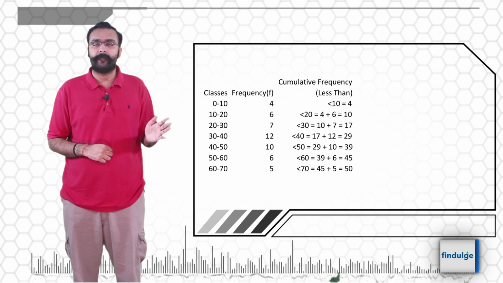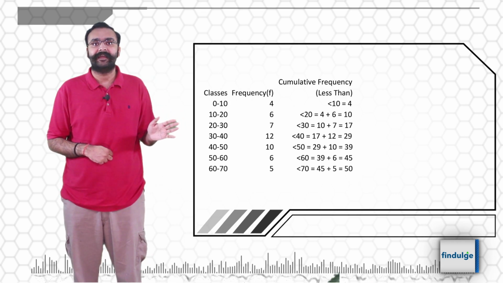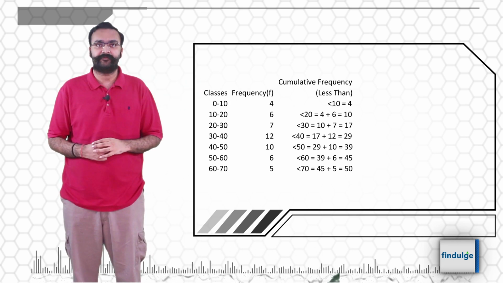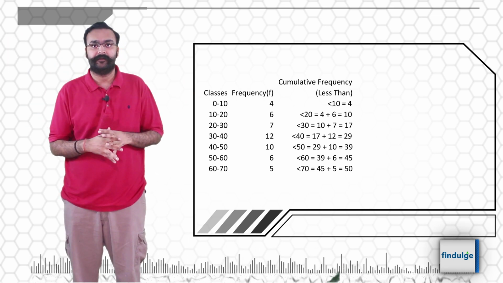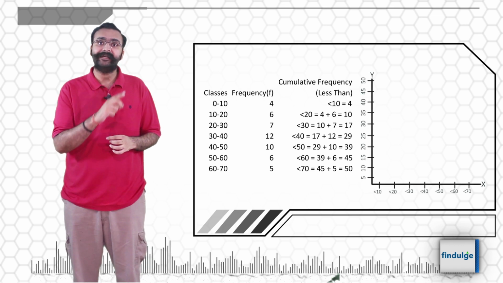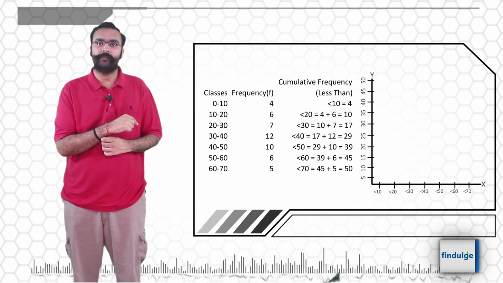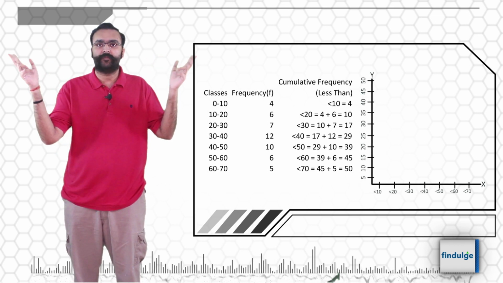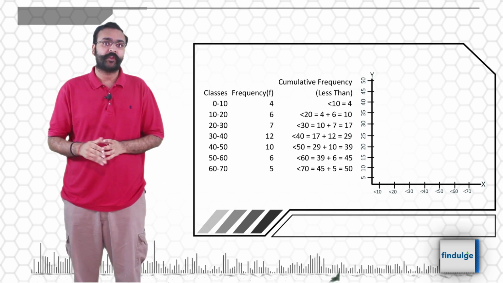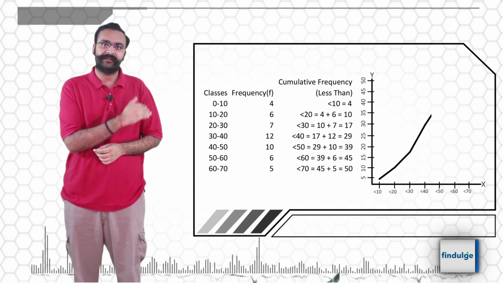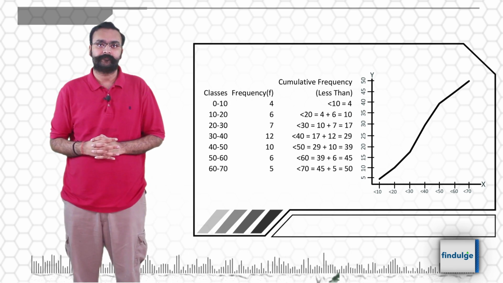You can see that the less than ogive is an upward moving graph, because obviously less than 10, 20, it's always increasing. And it starts at 10, not at 0, because the first less than observation is less than 10. So your less than ogive is of this format.